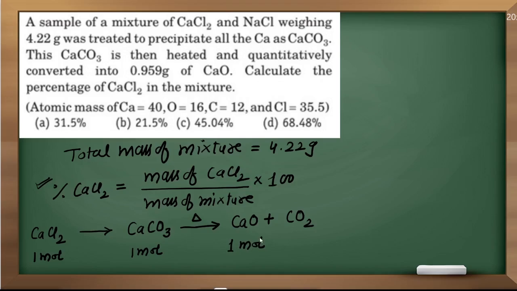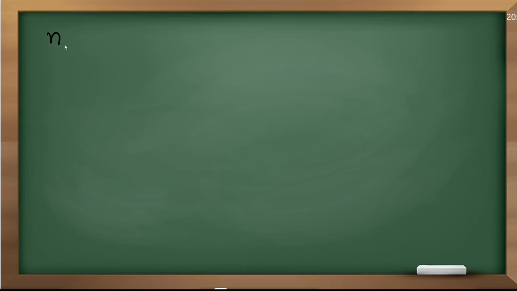So that means the moles of calcium oxide we get equal the moles of calcium carbonate, and equal the moles of calcium chloride, because the number of moles of calcium chloride is equal to number of moles of calcium carbonate, which in turn equal to number of moles of calcium oxide.